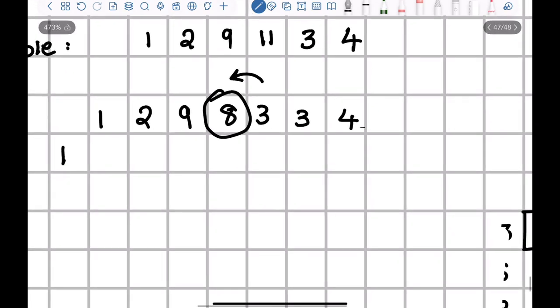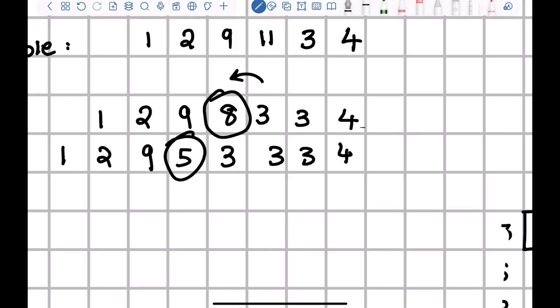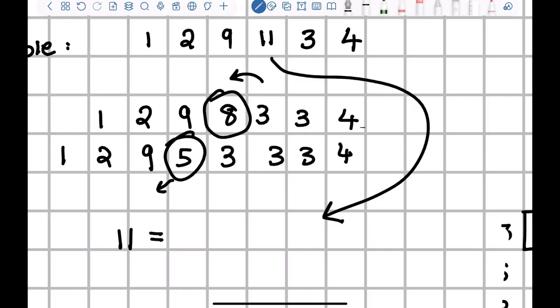Then we go 1, 2, 9, again 3, 3, 3, 4, and we have 5. Now 5 is the one breaking the increasing order. So essentially we are breaking 11 down in such a way that we break 5 down into 3 and 2.